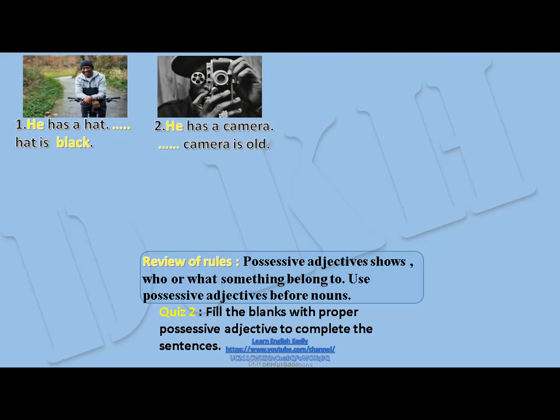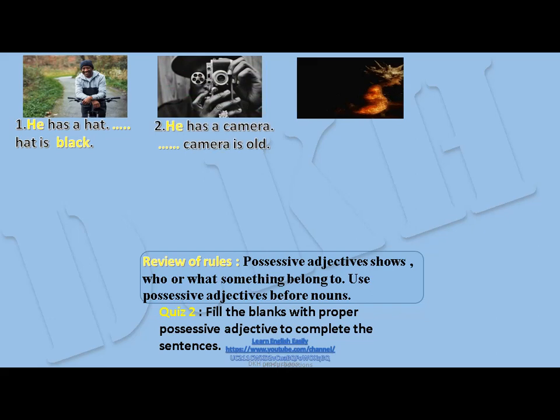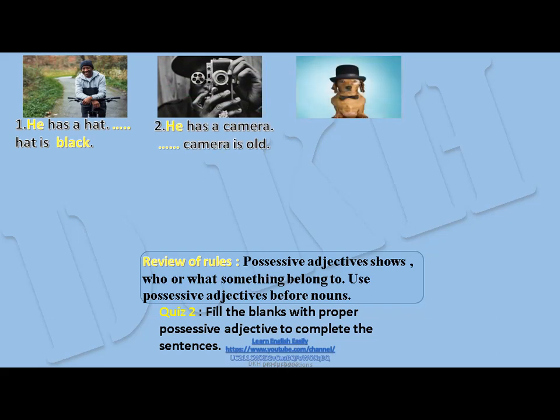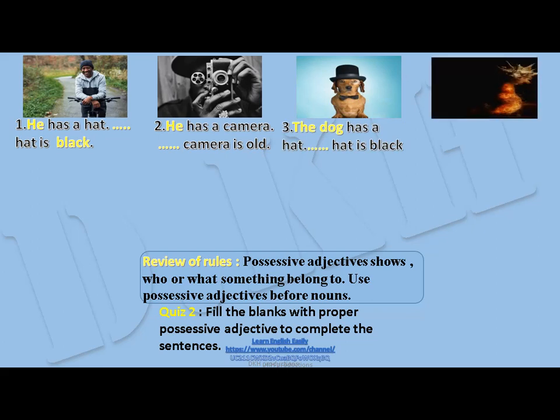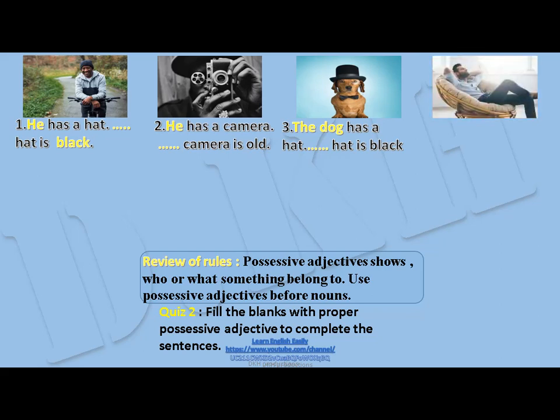Number 2, he has a camera. His camera is old. Number 3, the dog has a hat. Its hat is black. Number 4, the man has a chair. His chair is comfortable.